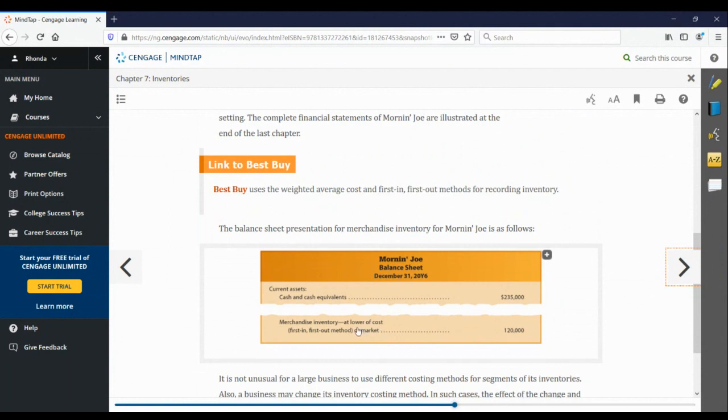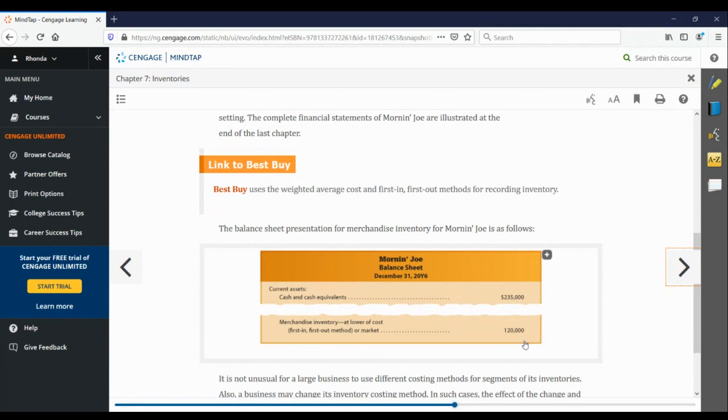In this case, the company used the lower of cost or market, and that was at 120,000. They also used the first in, first out method. So some of their inventory items could have been valued at first in, first out. Some of their inventory items could be valued at the lower of cost or market.